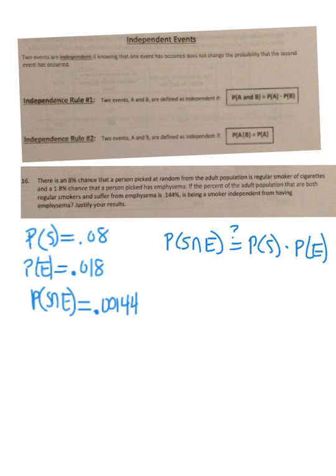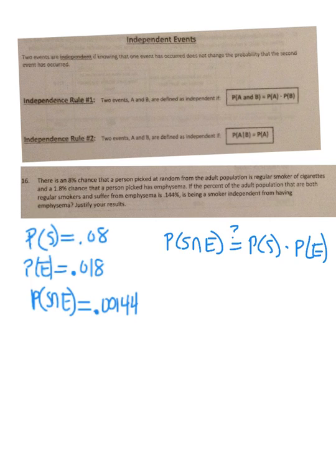All right, so I know obviously the left-hand side is 0.00144. Okay, now the right side, I'm just going to do 0.08 times 0.018 in my calculator, and I get 0.00144.